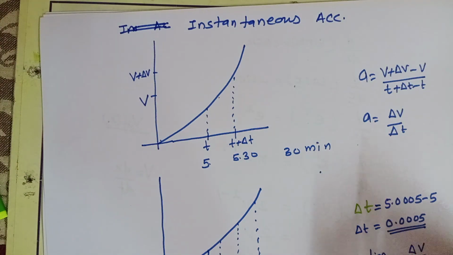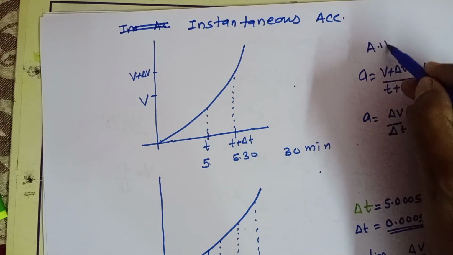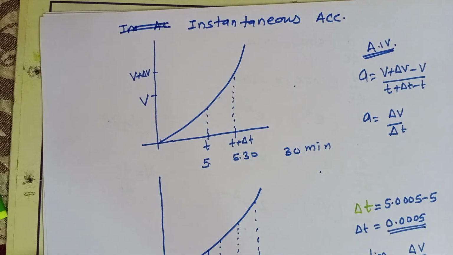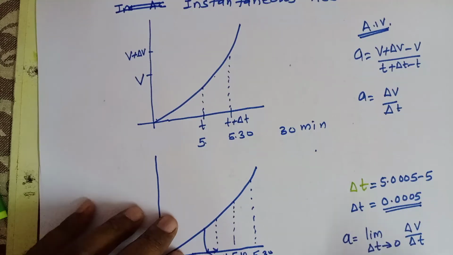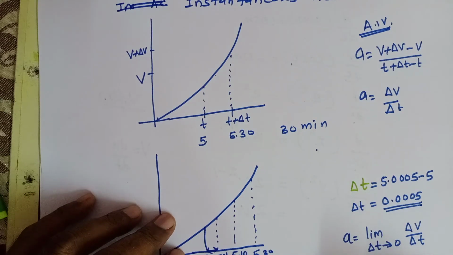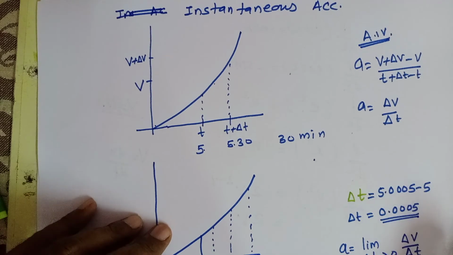One is average acceleration. So those who are asking now, what is instantaneous? Instantaneous means at one particular instant. So instantaneous acceleration is the differential coefficient of velocity.